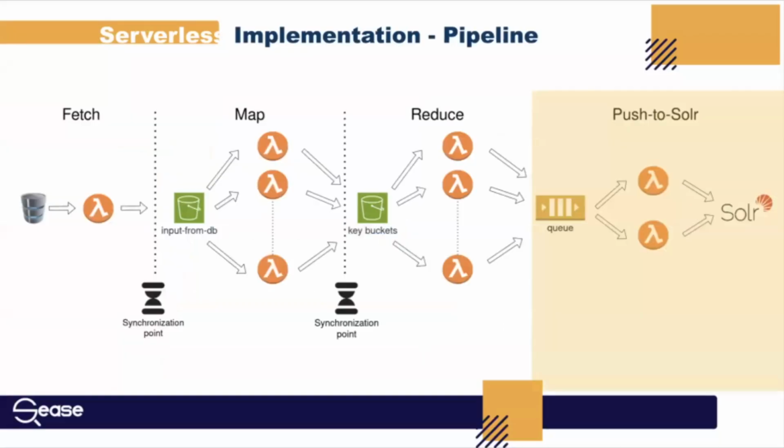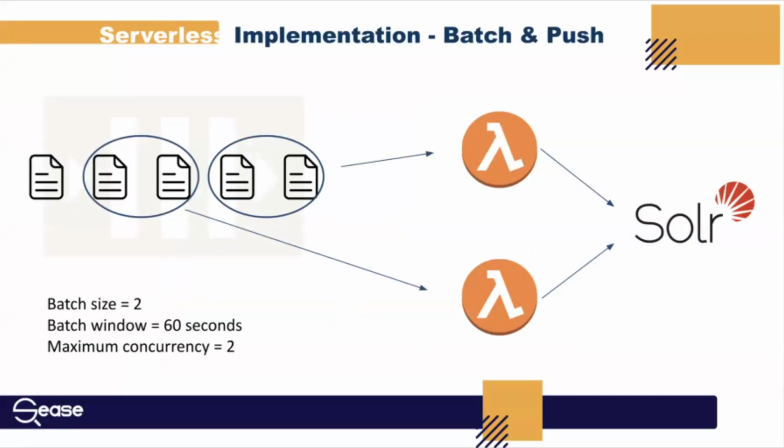And finally, we need to push to Solr. There are 2 possible solutions. One is having one Lambda function or one server pulling from the queue. When there is data, it creates the batch and sends it to Solr.